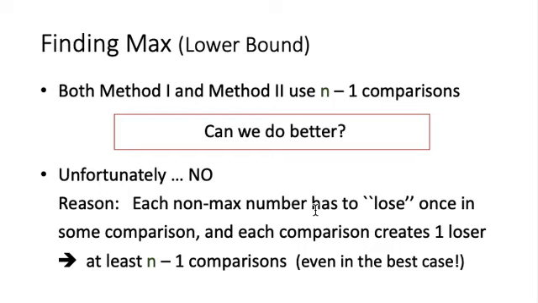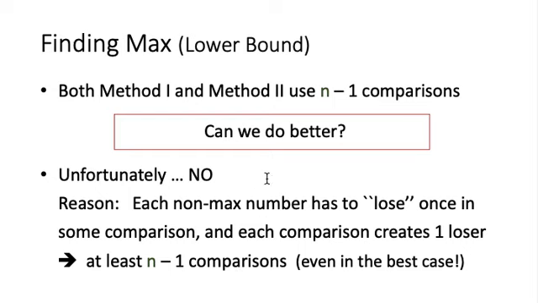It is because if there is more than one number which hasn't lost at all, then we cannot be sure which of these no-loser numbers will be the maximum. So the key point here is that every non-maximum number has to lose at least once. But as we have mentioned, each comparison creates only one loser. So in other words, we must have at least n-1 comparisons involved.